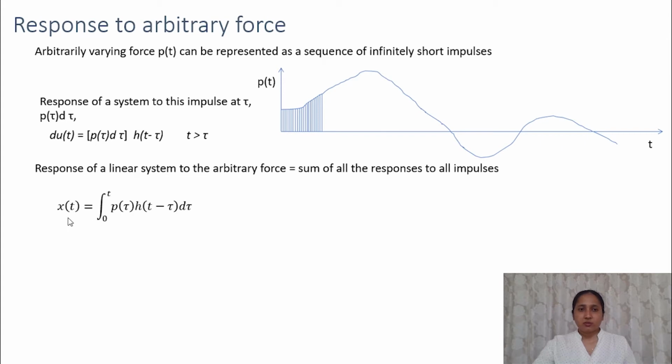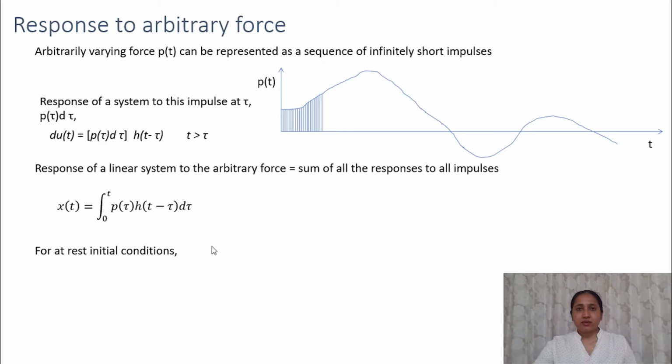So the response x t will be equal to integral 0 to t p tau h t minus tau d tau. So this p tau and d tau will give the value of the impulse and h is the unit impulse response. So we will get the response due to this force.